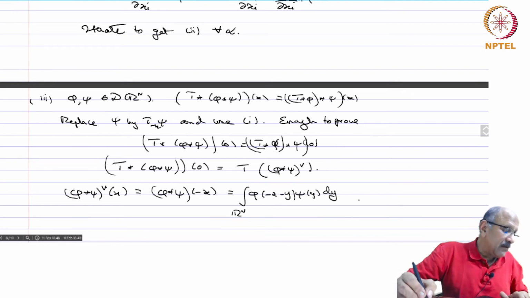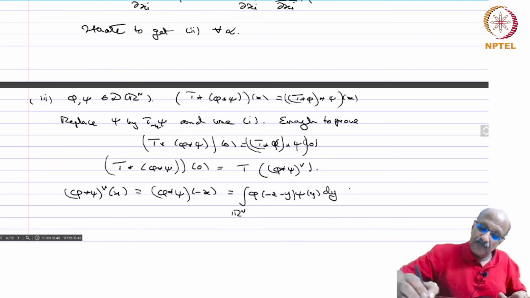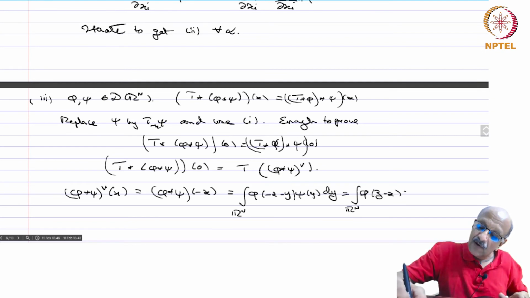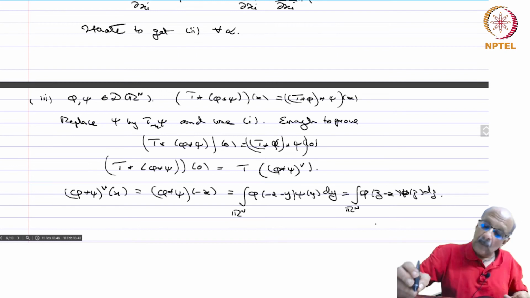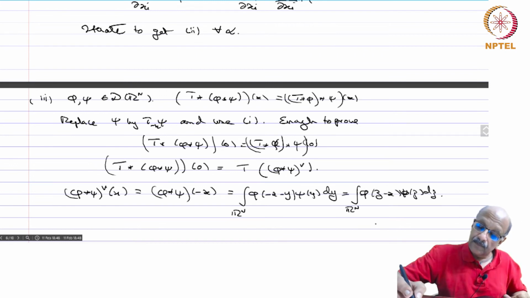Now I will change y to minus y. So this is equal to the integral over Rn of minus phi of z minus x, psi z dz.